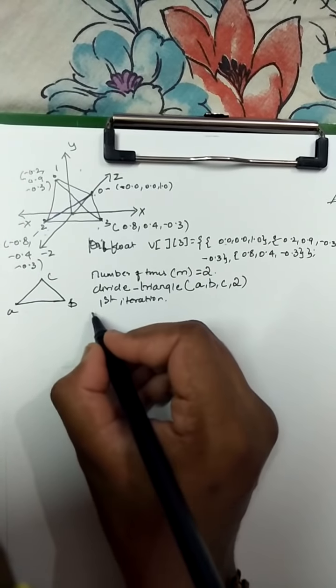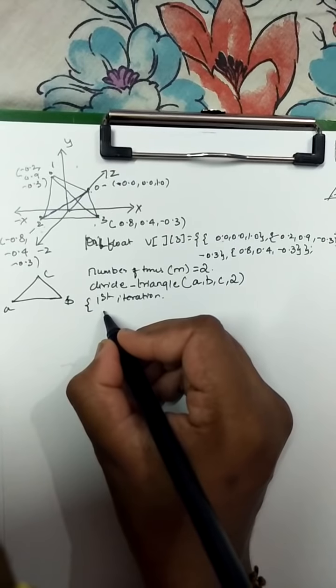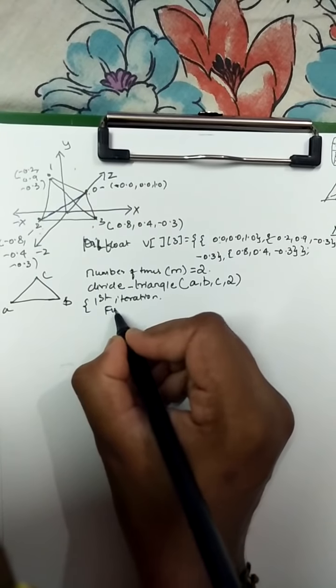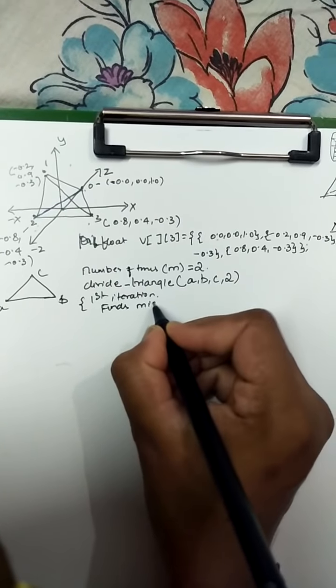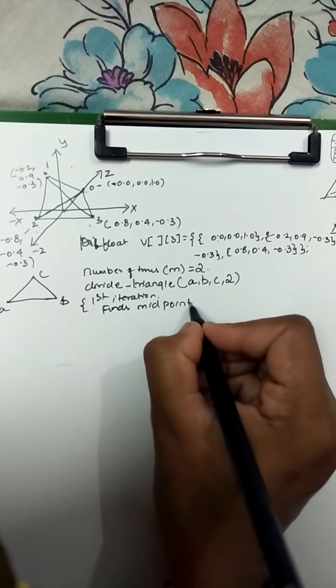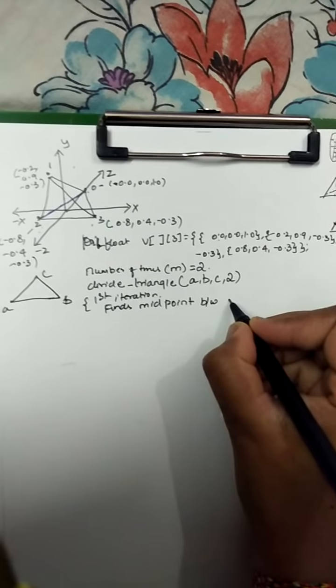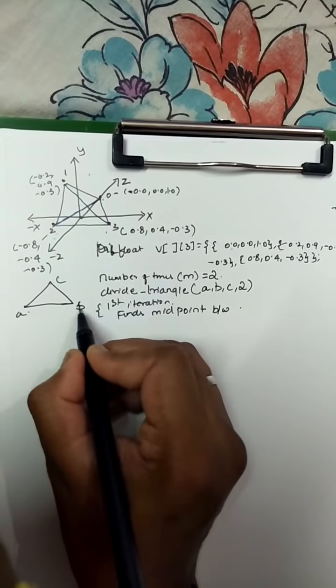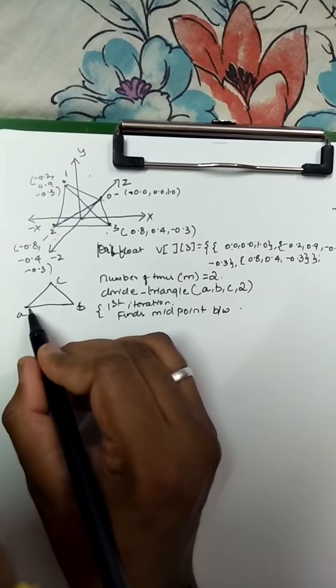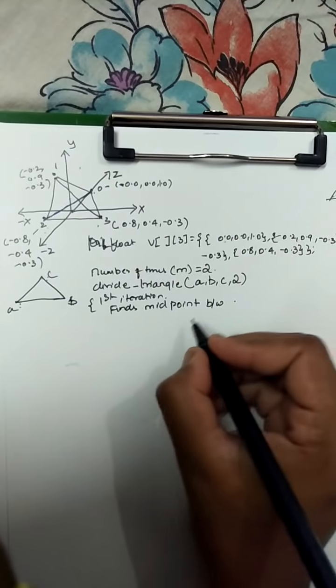So what this function does is, it finds the midpoint between A and B, B and C, C and A, between all coordinates.